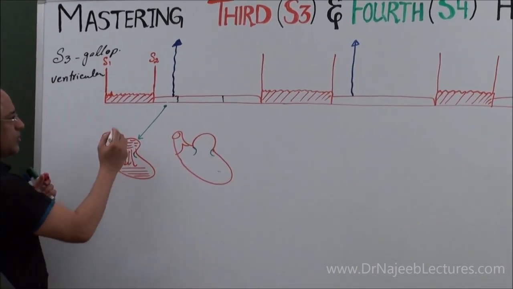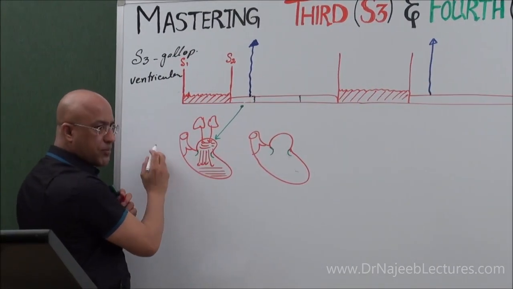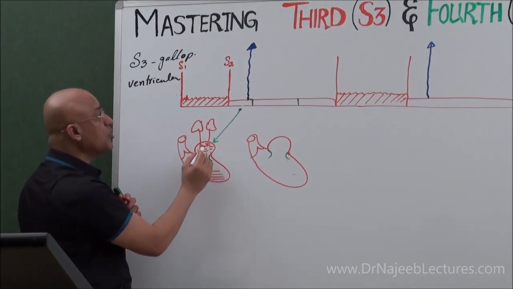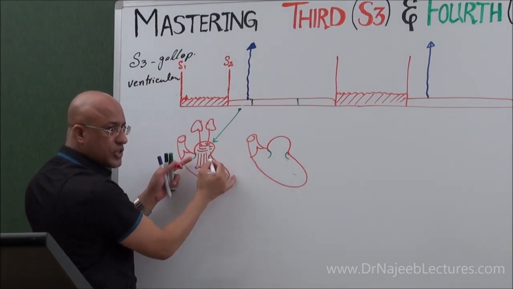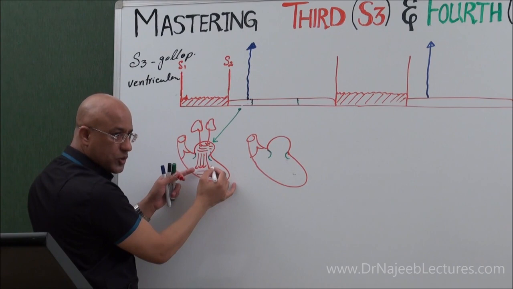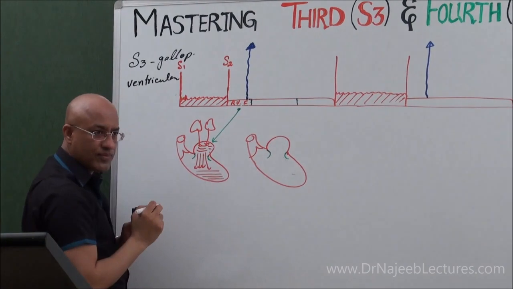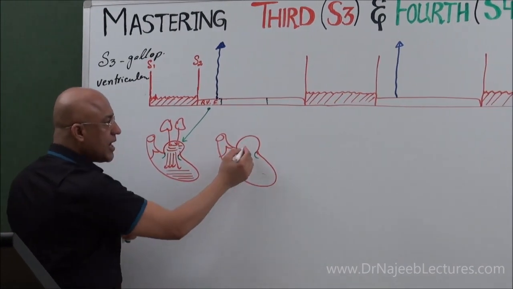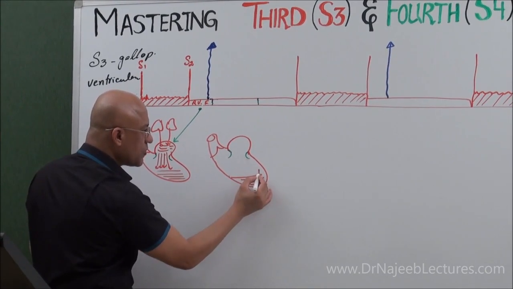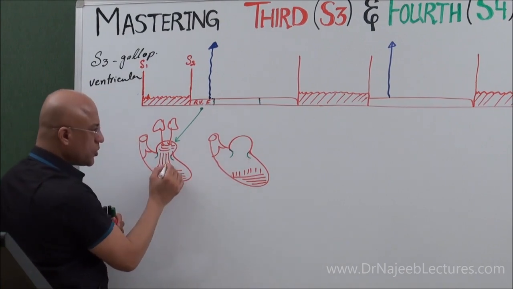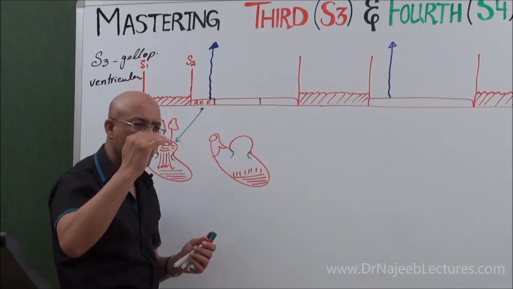But all the blood that was accumulated during the ventricular systole, from the left side and the systemic blood from the right side, has been shifted to the ventricle during rapid ventricular filling. After that, there is slow ventricular filling, very slow.